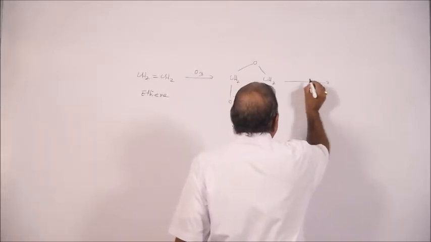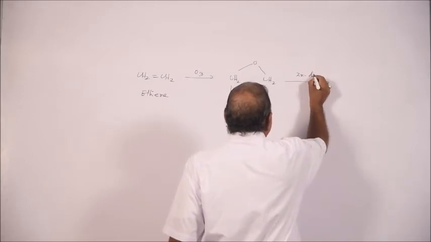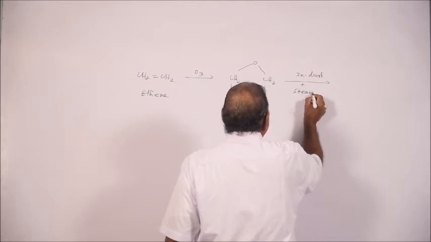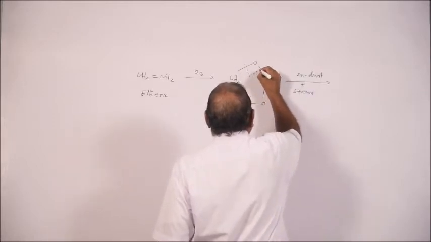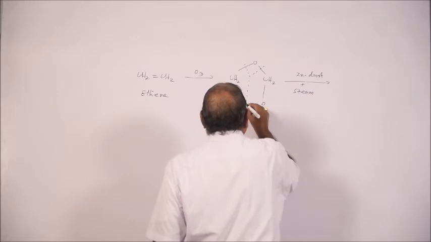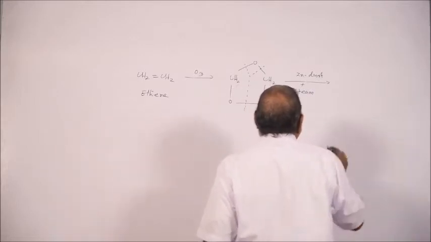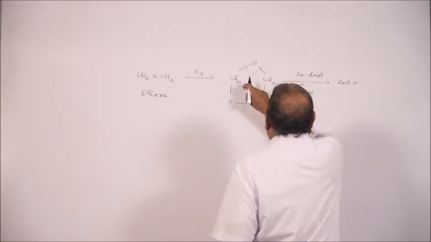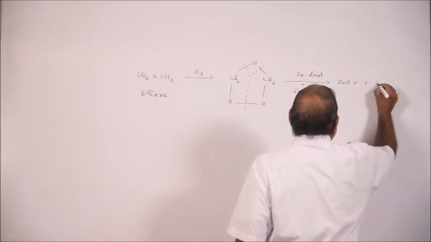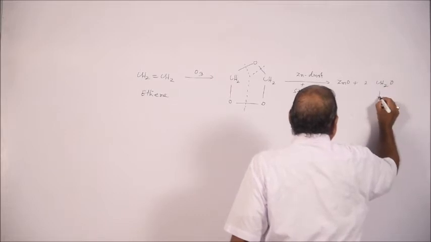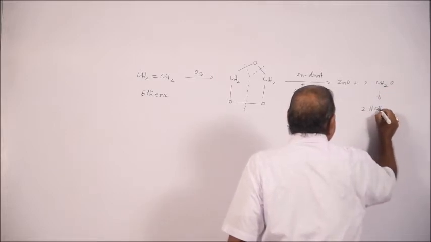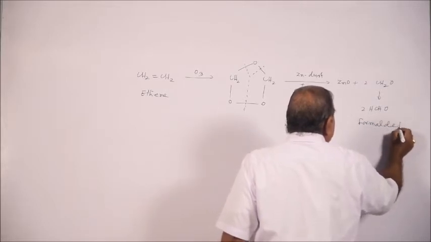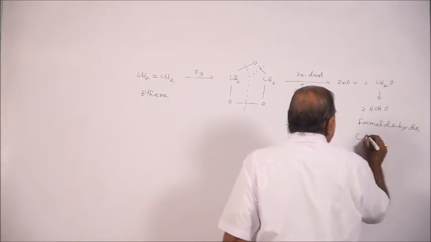Now, when it is subjected to hydrolysis using zinc dust plus steam, this ozonide will break up. The dotted line is the breaking line. Oxygen is taken by zinc oxide. Both sides are the same, that is 2 molecules of CH2O. This is the same as 2 molecules of HCHO. This is your formaldehyde or methanal.